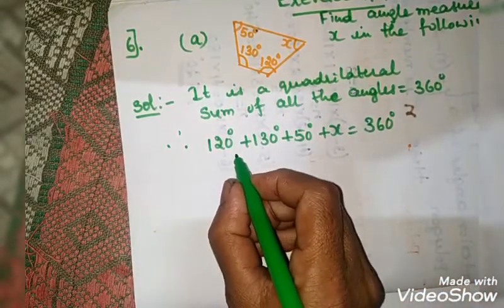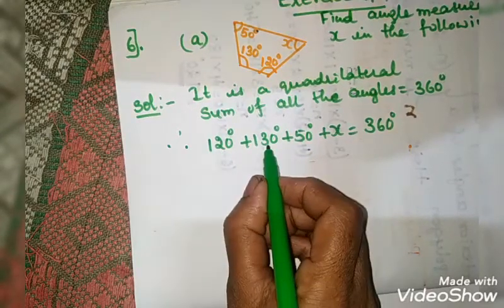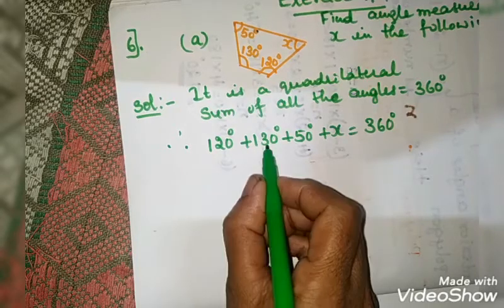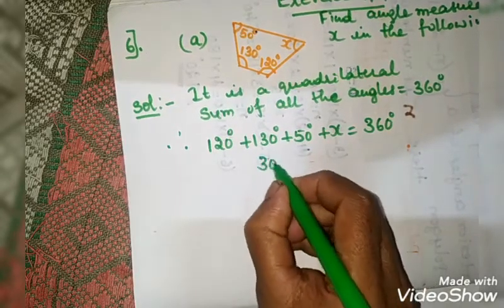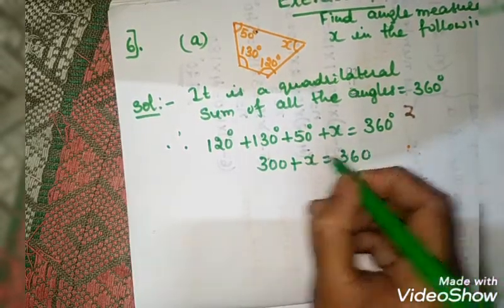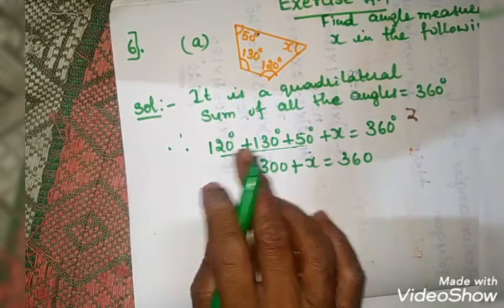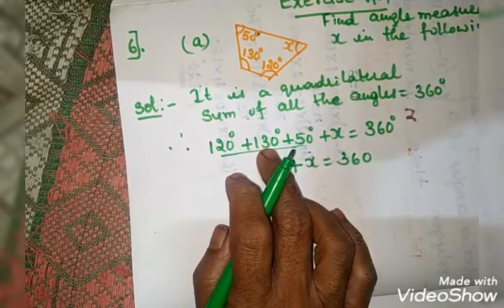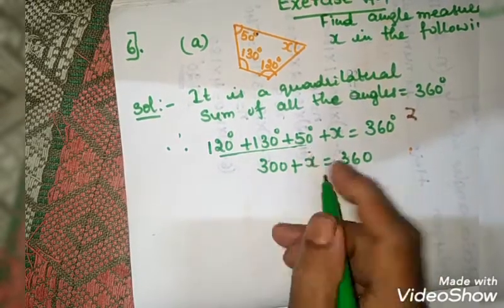So, let us add all these. 120, 130. How much it is? 250. 250 plus 50, 300. 300 plus x is equal to 360.